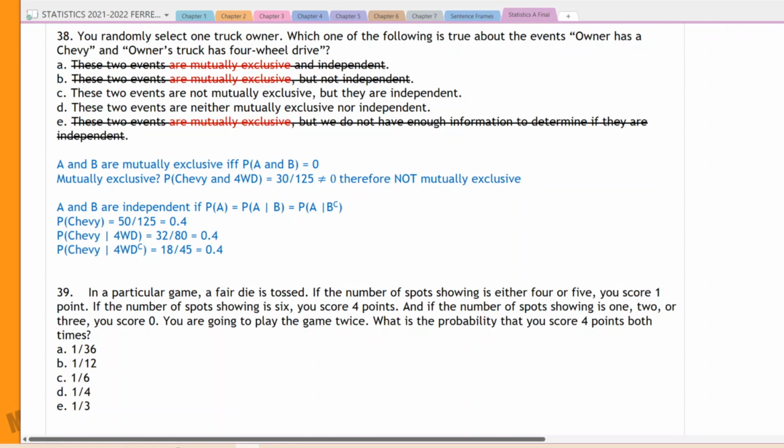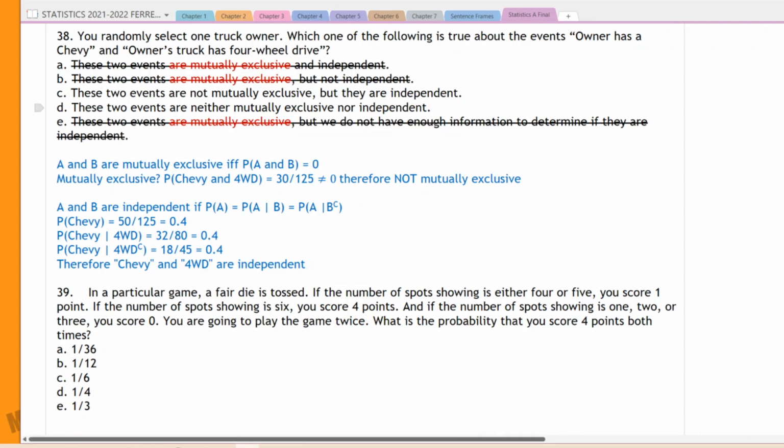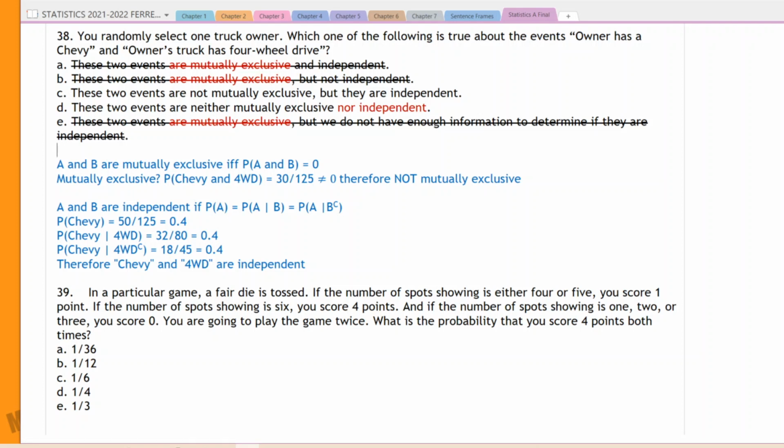So that means that they are independent. So if we know someone has a four-wheel drive vehicle, then it doesn't change the probability that we have a Chevy. So these are not independent, or rather this one says they are not independent, so answer choice D is incorrect.